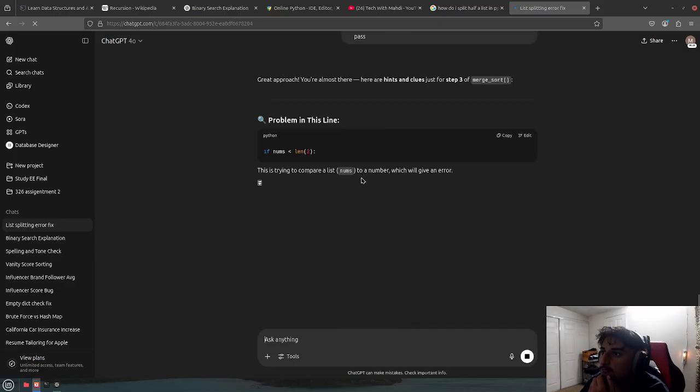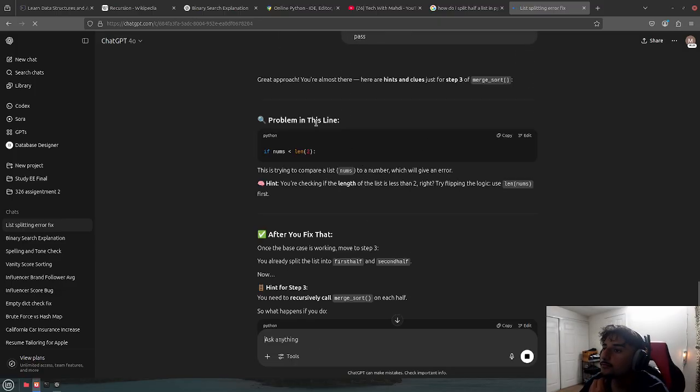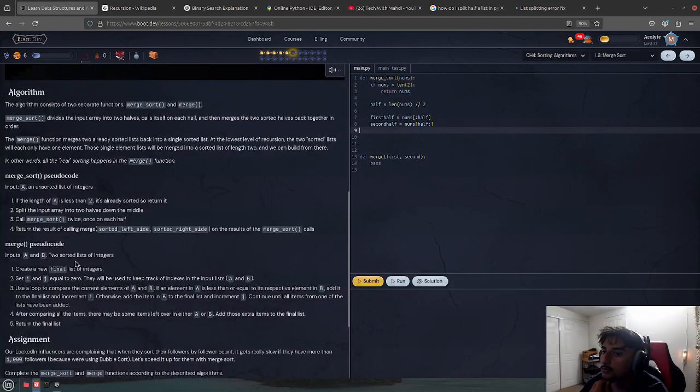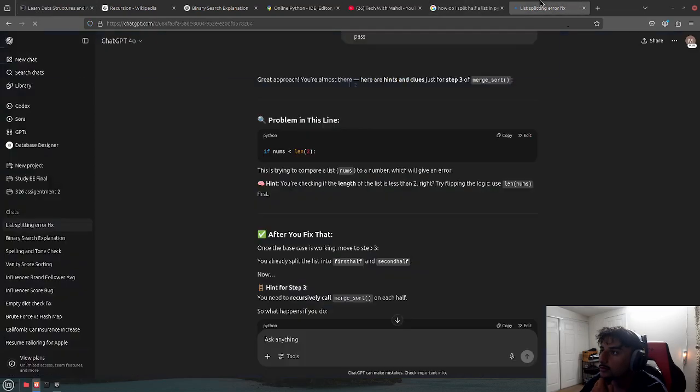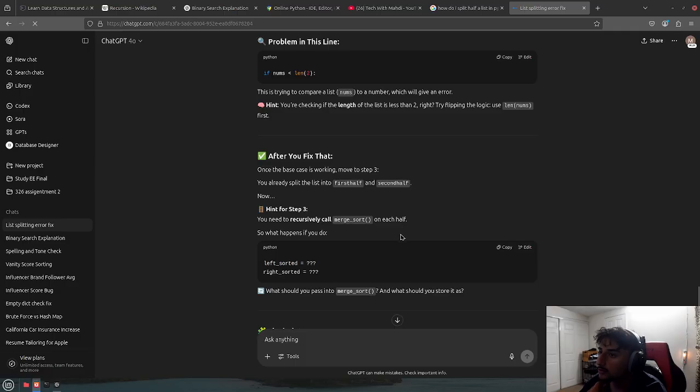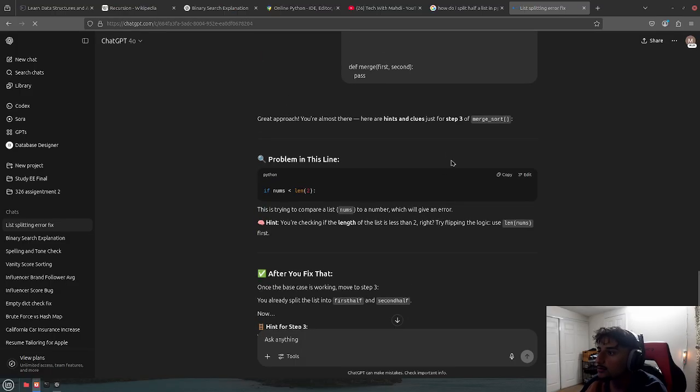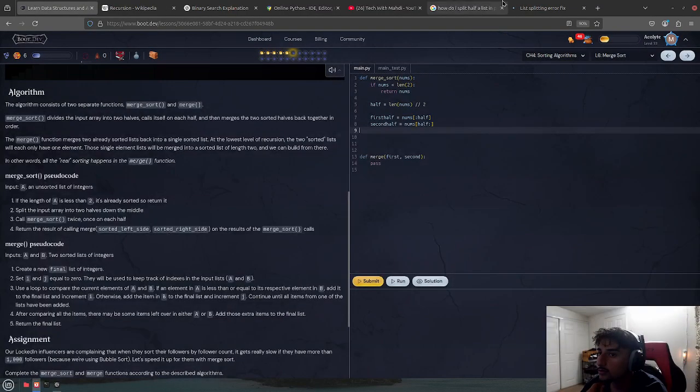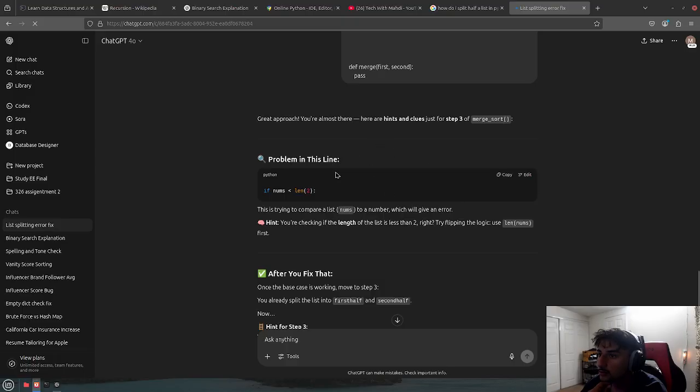Like, wait, what? You better not tell me something on merge sort. Problem in this line. This is trying to compare list nums to a number, which will give you an error.